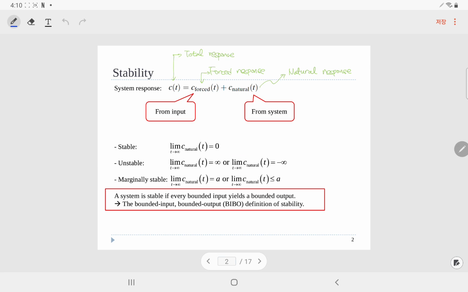So we can say that if a bounded input is applied to the LTI system and the total response c of t does not approach infinity, then the natural response does not approach infinity. Let me explain again.